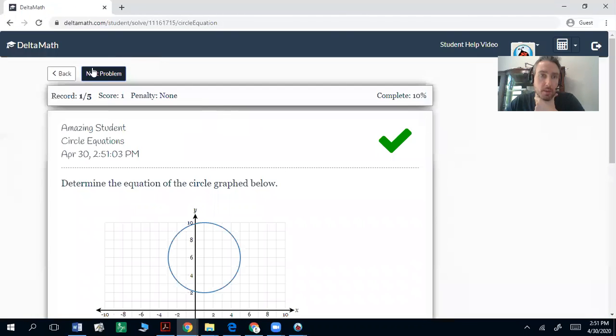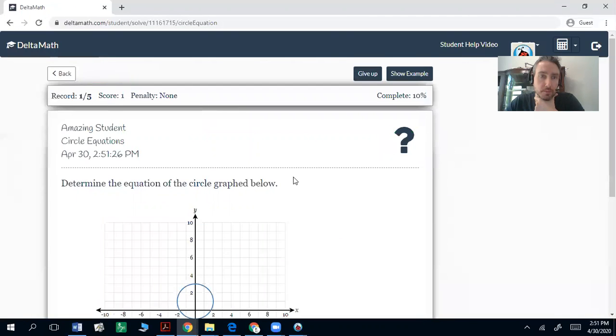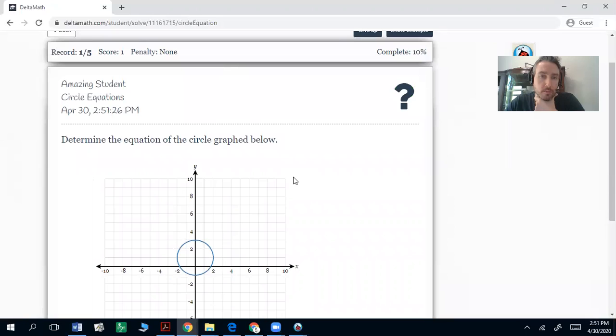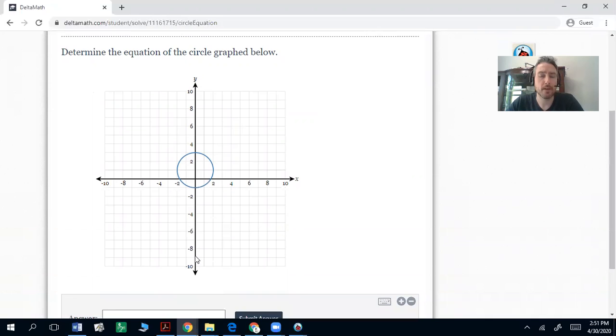Let's do maybe one more of this one. All right, this center here looks like it's right there. So that coordinate does not go left or right, so that would be 0, and it goes up 1. So the center would be 0, 1, and the radius is 2.